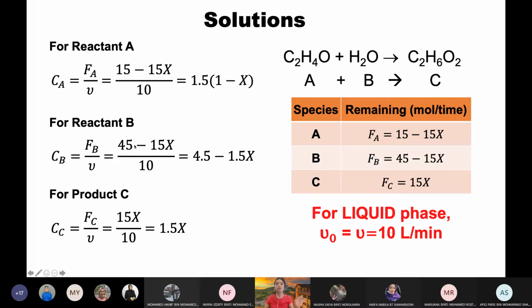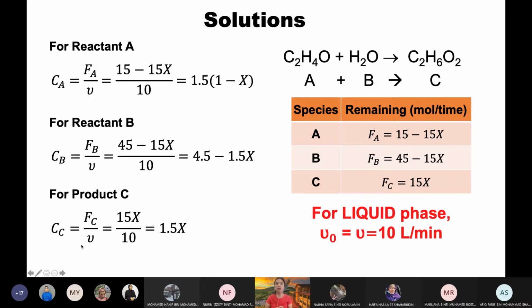So again, 45 divided by 10, 15x divided by 10, technically you get 4.5 minus 1.5x. So jangan lupa, kalau kamu ada dua nombor di atas, kamu nak bagi dengan satu pembawa, kamu kena dua-dua nombor tu kena bagi dengan 10. Kamu tak boleh just bagi satu, dua-dua pun kena bagi. Okay? So you get 4.5 minus 1.5x.